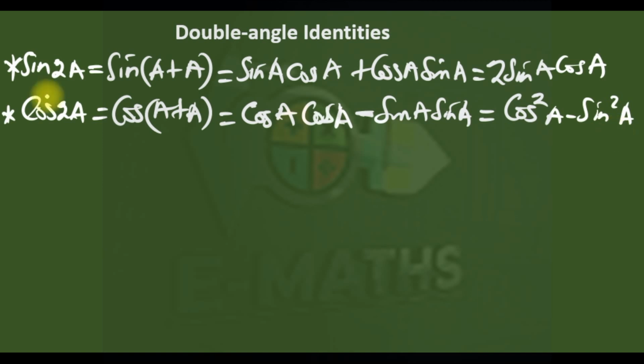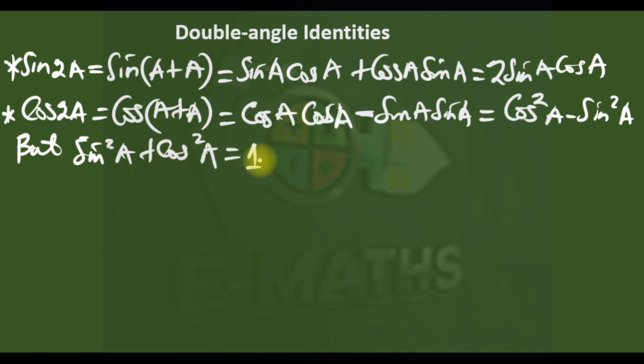But if you remember from the Pythagorean identity, my first video, we have that sine squared a plus cos squared a is 1. You can use it to get an expression for sine squared and cos squared.